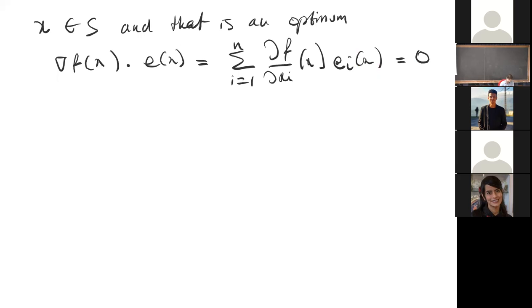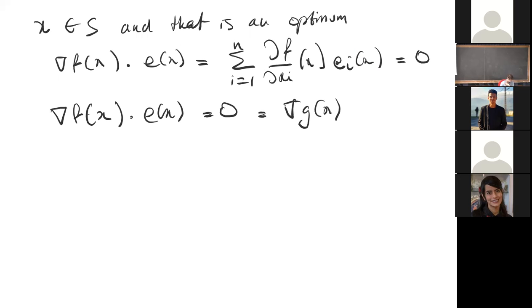But, so what did we obtain? We obtained that if you are at an optimum and at the same time the point lives on the constrained surface, the space of points that verify the constraint, we have that this is equal to 0 and this is also equal to 0, for the solutions x to our optimization problem.